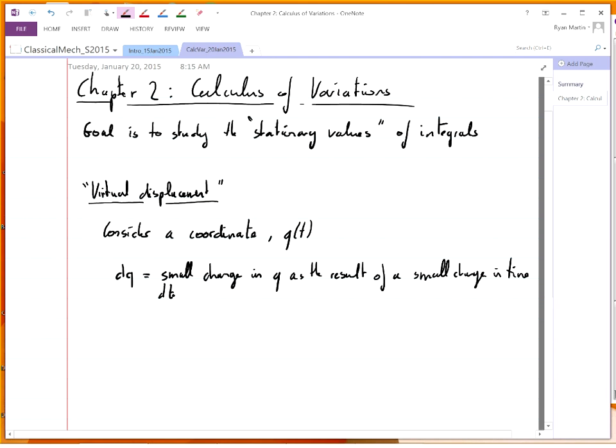So that's what we mean by the total differential dq of some function q of t, is that that function changes by an infinitesimal amount dq if you change the dependent variable t by an amount dt. Okay?